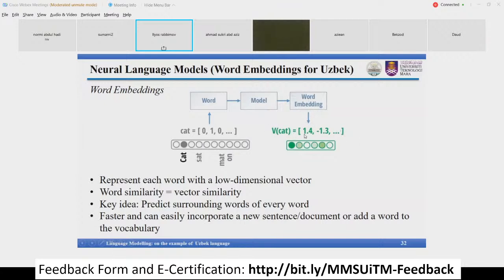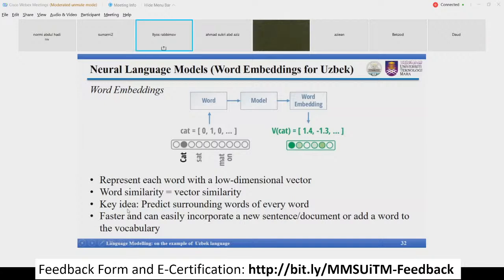We can obtain word embeddings to represent each word with a low-dimensional vector, for example 50-dimensional or 100 or 300. Word similarity equals vector similarity.